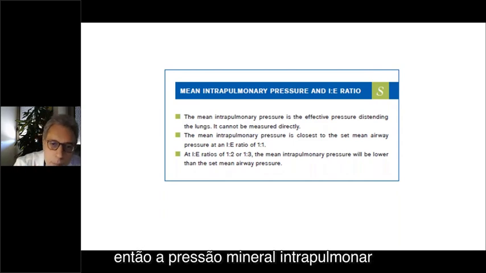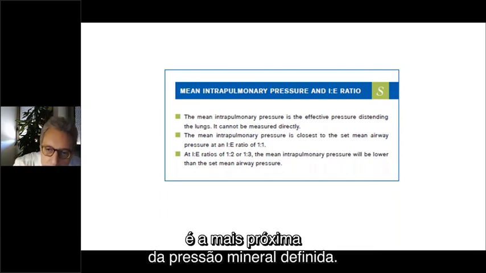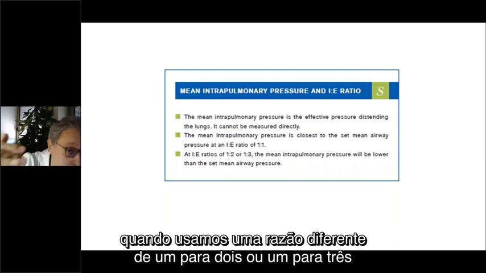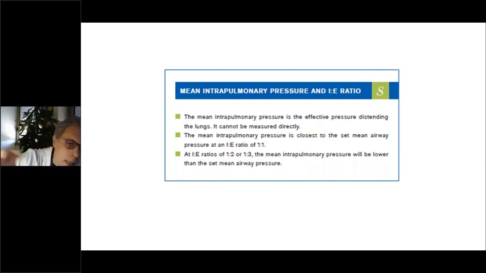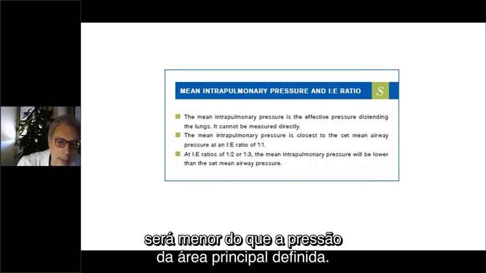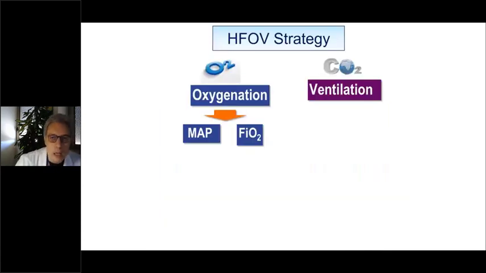So the mean intrapulmonary pressure is closest to the set mean airway pressure when we use inspiration to expiration ratio of 1:1. When we use a different ratio, 1:2 or 1:3, it has been demonstrated in animal models that mean intrapulmonary pressure will be lower than the set mean airway pressure.